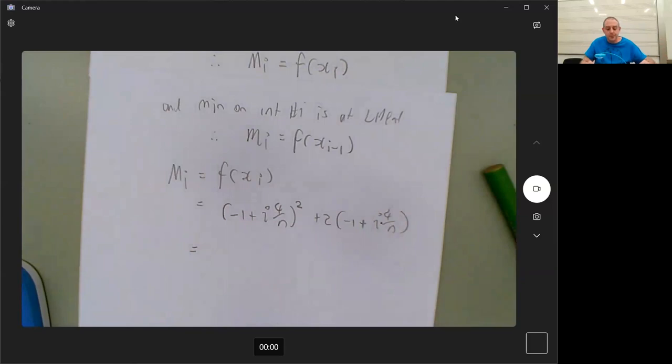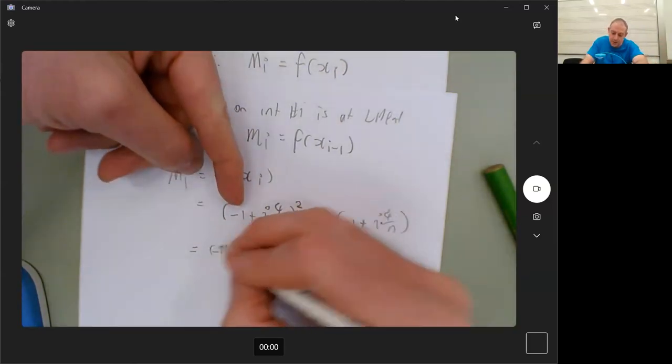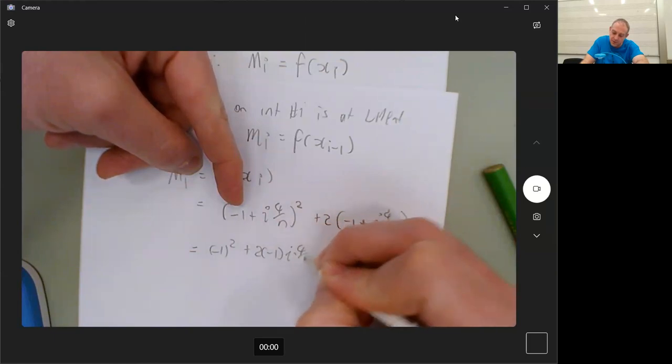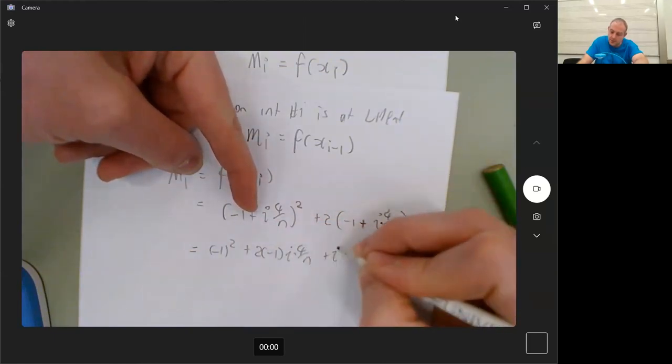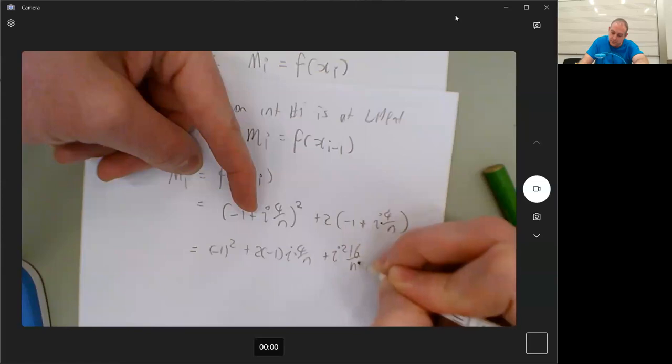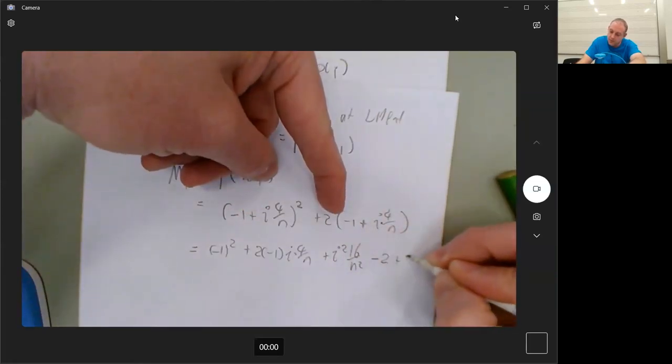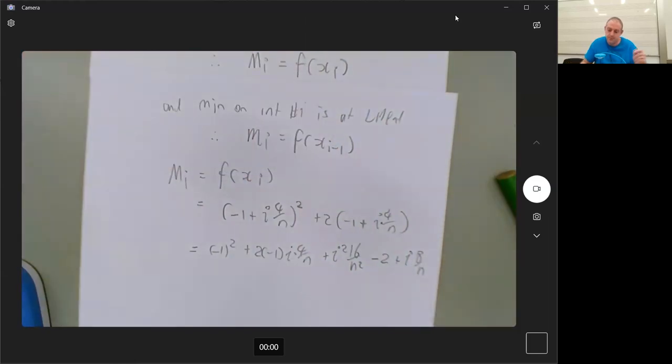We can cope. -1 squared plus 2 times -1 times i times 4 on n plus that squared, -2 plus i times 8 on n.